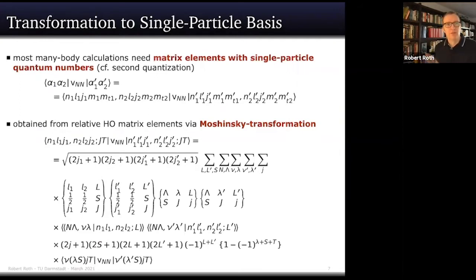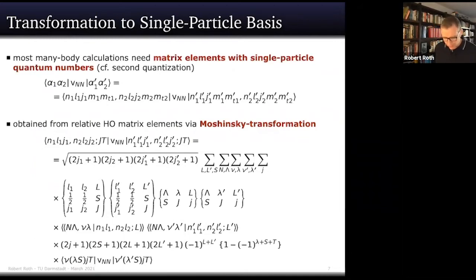For example, if you think of a deformed basis to start with, you can start with a deformed harmonic oscillator. This might be very well justified on physics grounds, but then exactly at this step here, you have to do extra work.